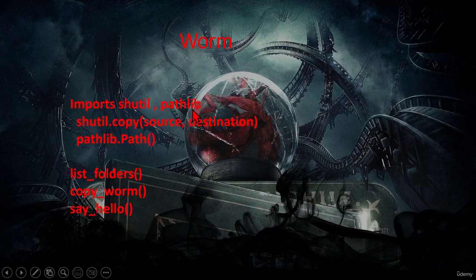And pathlib has the method called Path, which we use to list all the folders on the operating system. This Path method turns a string, which is a folder name or partition name, into a Path object.